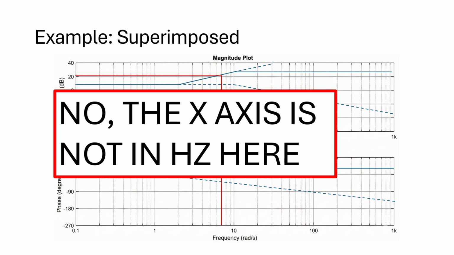But no, we can't, because the x-axis is not in hertz here. This is a stumbling block for almost every undergraduate control theory course, and it's very important to remember that the x-axis is not in hertz, it is in radians per second.